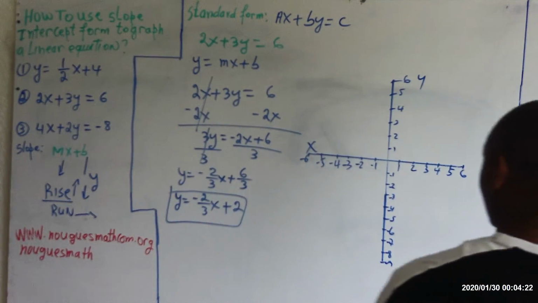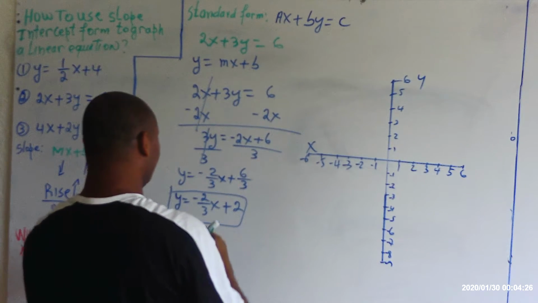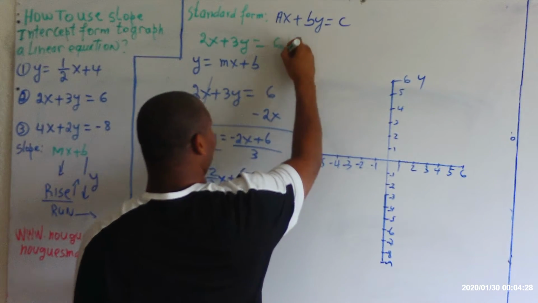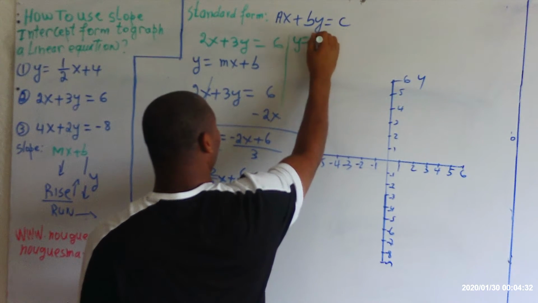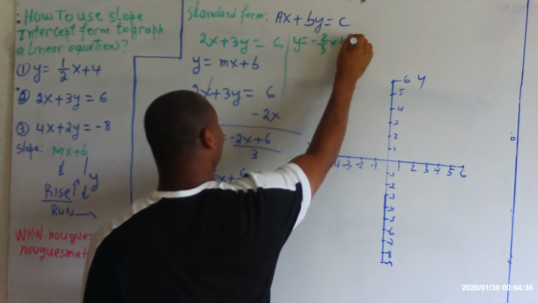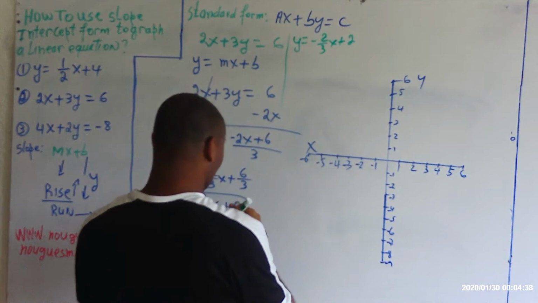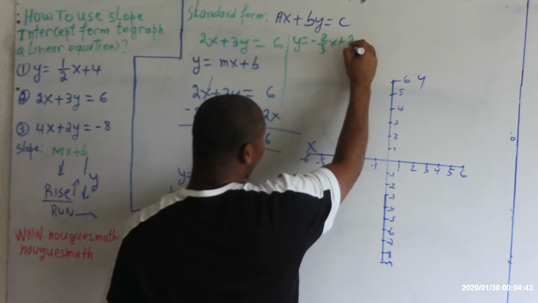Let's be ready. Okay, this is what I'm going to graph. Let me model this for you right here: y equals negative 2 over 3 x plus 2. So, this is the y.